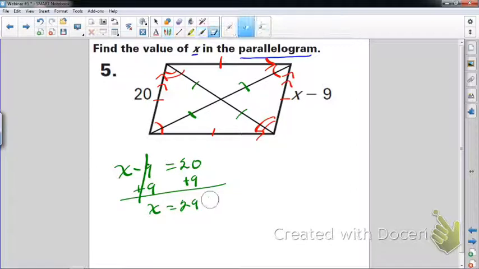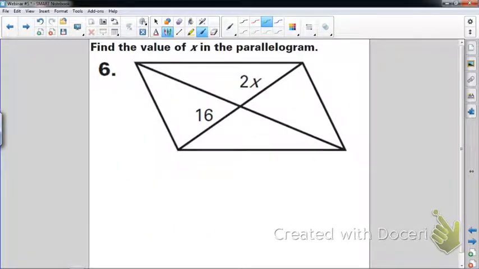And this is not degrees, this is 29 units. I think in the last video I emphasized that a lot. I'm sorry for that mistake. But again, remember, units can be inches, it could be feet, whatever it is that I'm talking about for that particular one, okay?